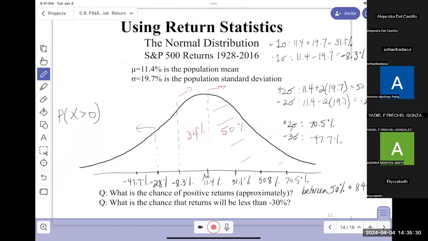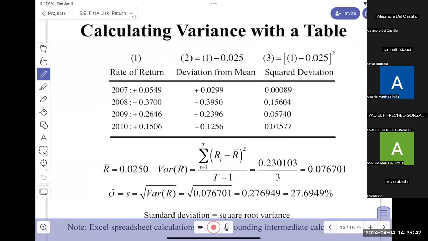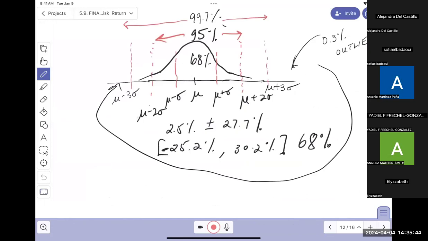What percentage of observations are there? Going back here, 2 standard deviations was 95 in the middle, but how much outside? 2.5% on each side.